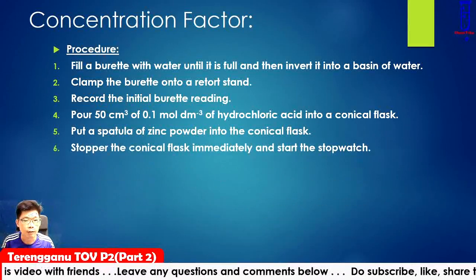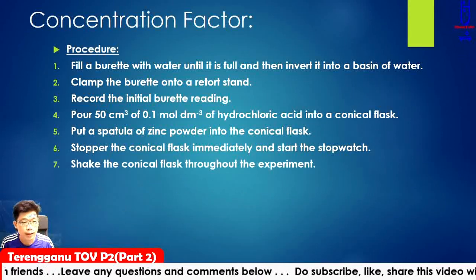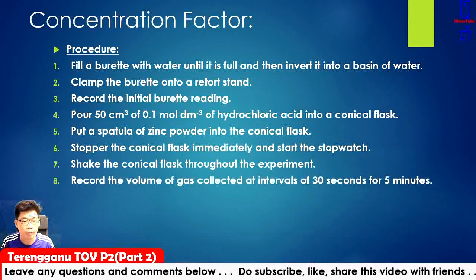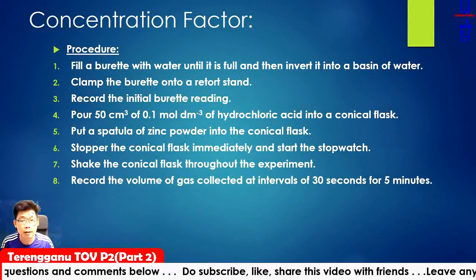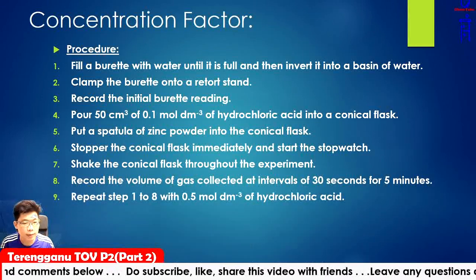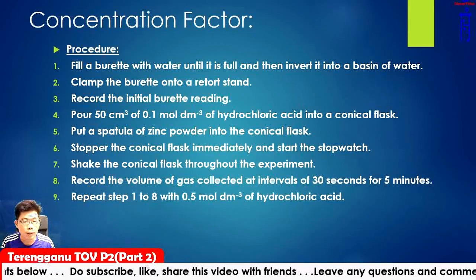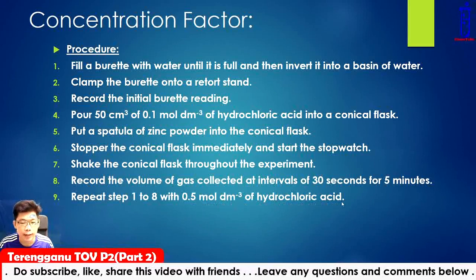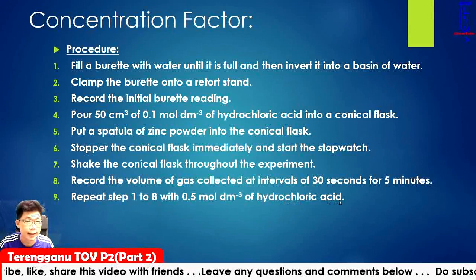Stopper the conical flask immediately and start the stopwatch. Check the conical flask throughout the experiment and record the volume of gas collected at intervals of 30 seconds for 5 minutes. Then final step, repeat step 1 to 8 with 0.5 mole per cubic decimeter of hydrochloric acid, which is the higher concentration of the acid.